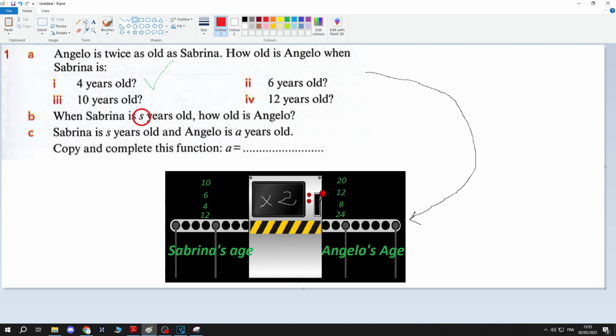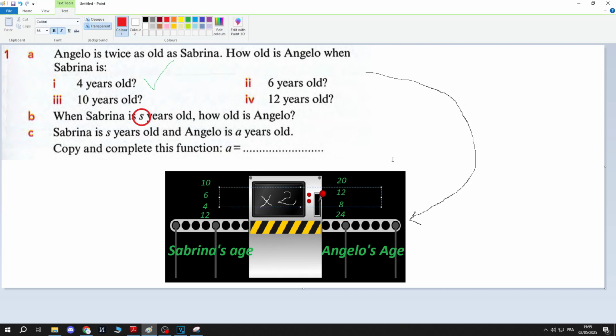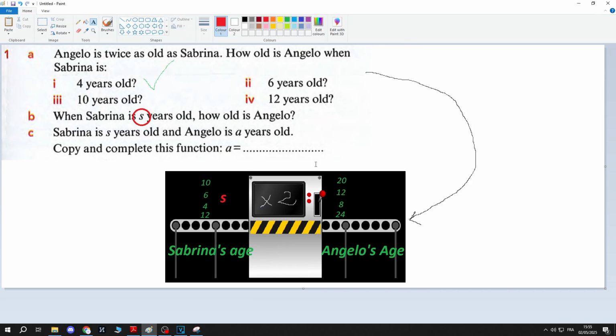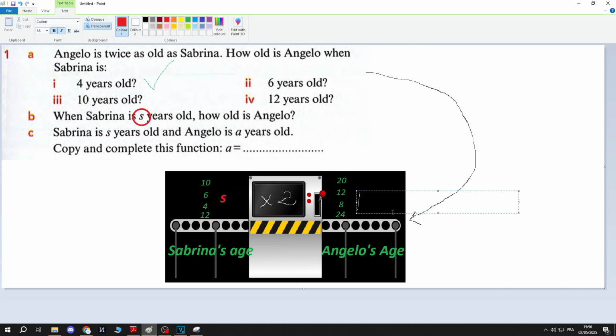Well, no, because you will do exactly what you've done with these numbers here. Instead of putting a number at the start of the machine, all I'm going to do now is write down the letter S. And S goes through the same process. It gets multiplied by 2. So in the end, it will come out as 2S.